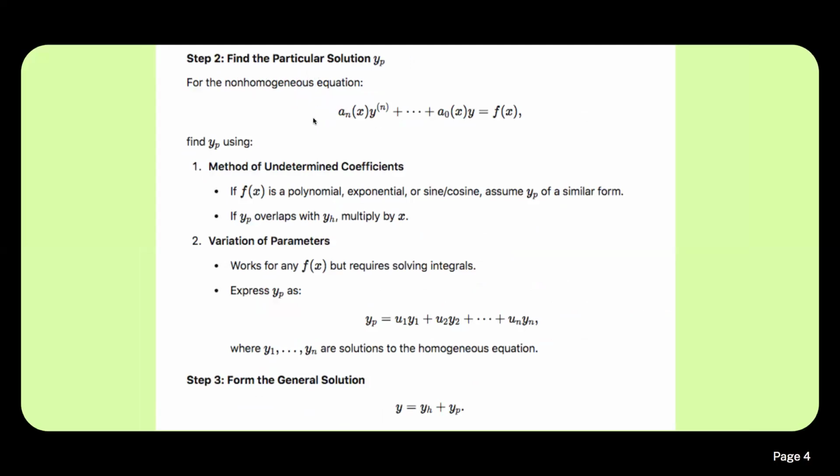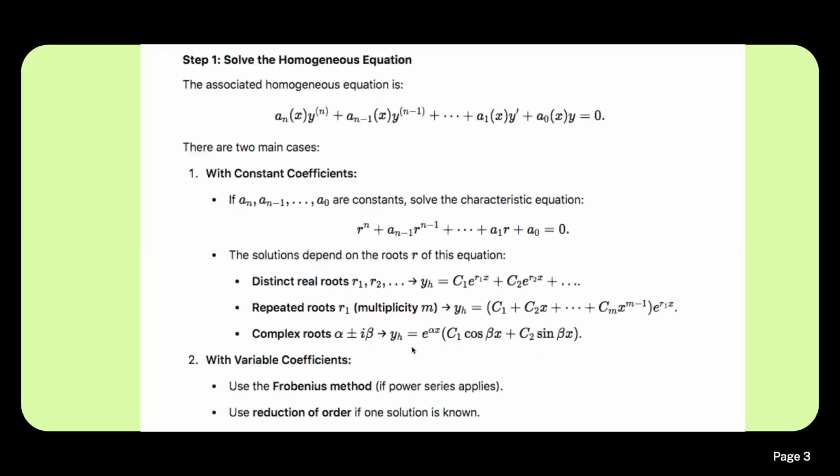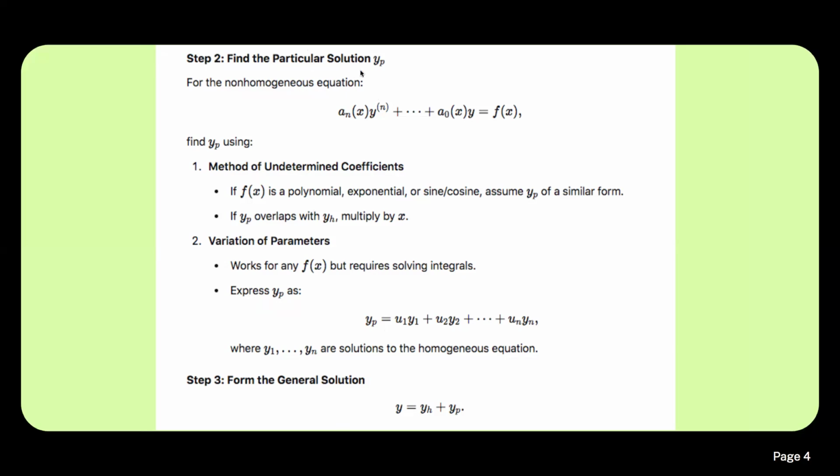Okay, then let's deal with the particular solution, y_p. First, we got the homogeneous solution, y_h. Then we are looking for the particular solution, y_p, for the non-homogeneous equation.